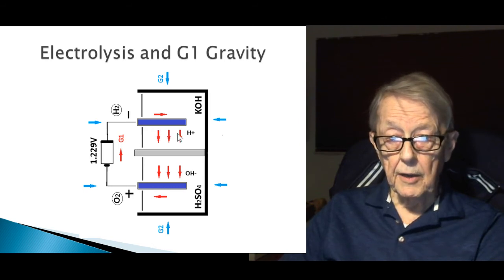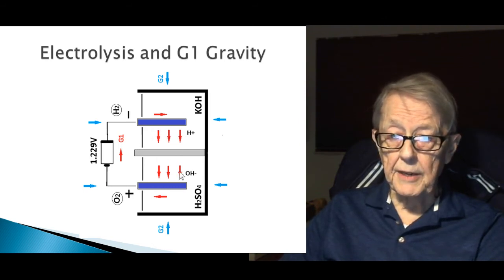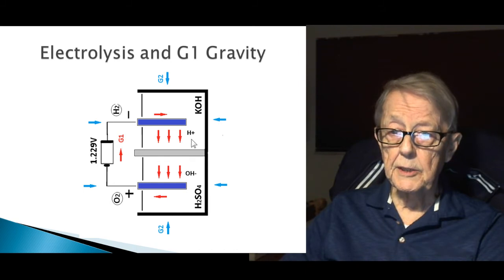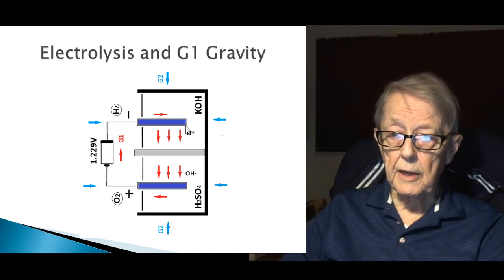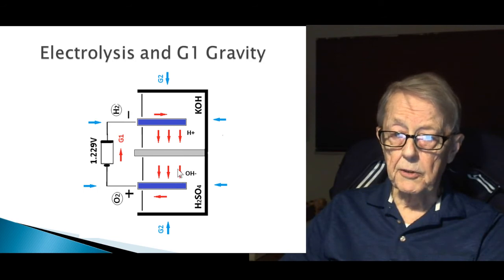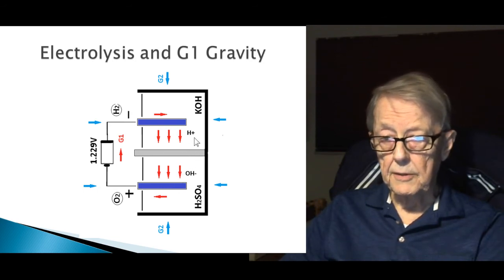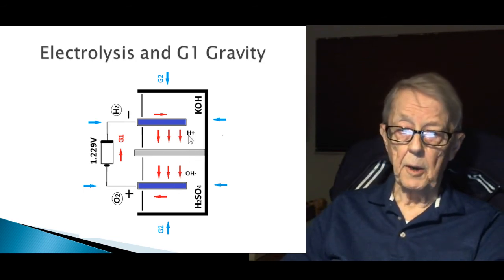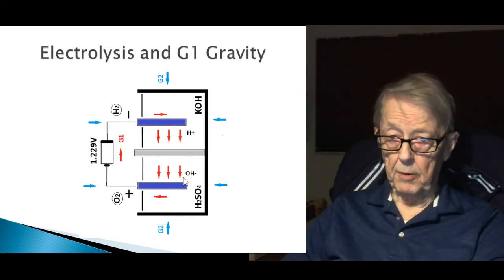I'm claiming a gravity gradient here. The pressure gradient is just like the hydrogen ion and the hydroxide ion are like an atmosphere that ends up with a pressure gradient. Hydroxide comes here, the hydrogen ion up here, and the process continues.